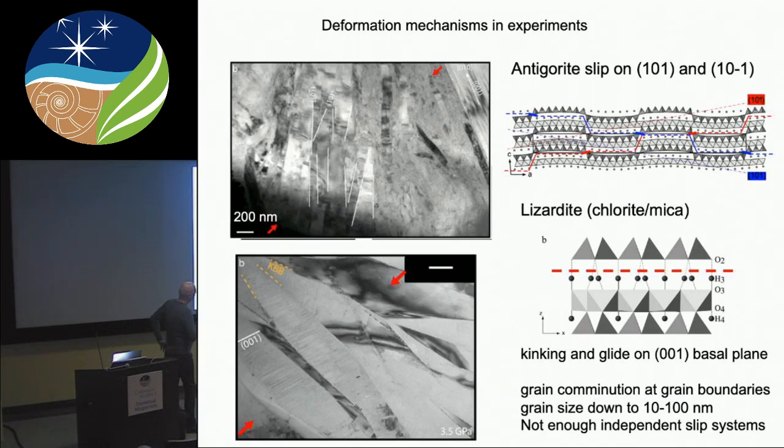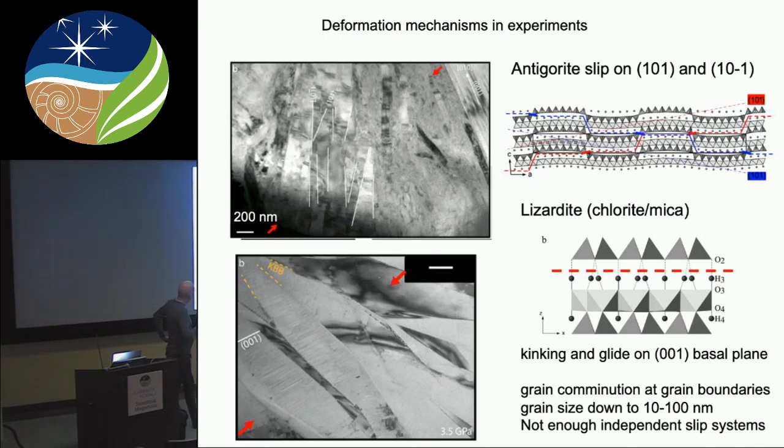structure, we have glide along the basal plane, and actually the sample deforms a little bit like an accordion. You get different sectors that are tilted, and you've got kink planes here, and the sample gets kinked on each side of this layer.